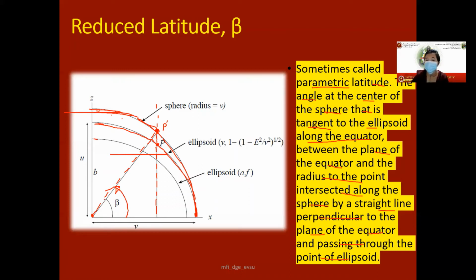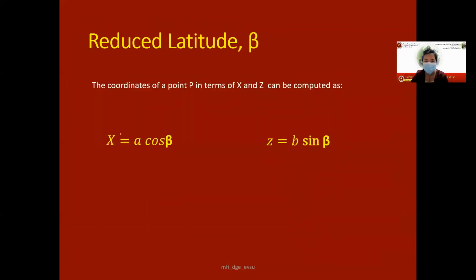So how are we going to compute the x and z coordinates of this latitude? The formula is short. We have x equals a cosine of beta, where beta is the reduced latitude. And the other parameter is z equals b sine of beta, where beta is the reduced latitude.